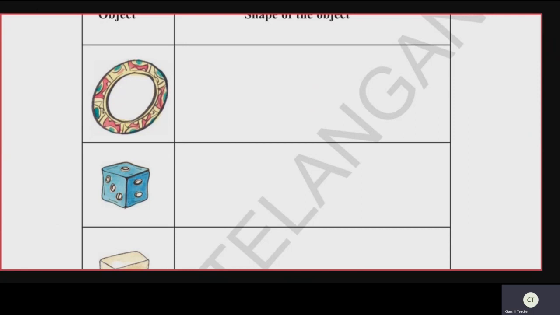When you place a dice on a paper, and if you draw lines along its outer edges, you can see a square shape on the sheet. Okay, children. Take one dice. If you have a dice, place it on a paper, draw lines along its outer edges. Okay, children. Then, which shape can you see on the paper?